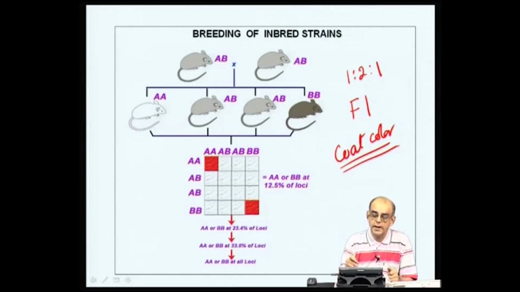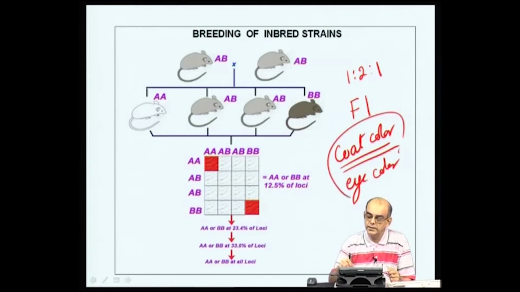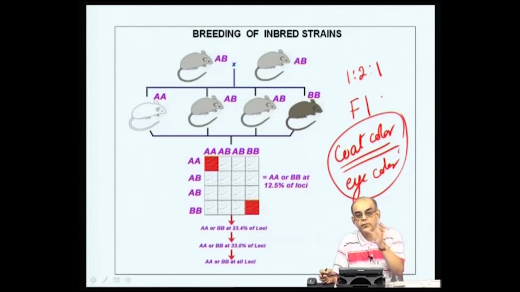So, you could look at how you bred white mice with albino mice and look at how this color segregated. Not only coat color, they were also monitoring the eye color. So, you had the eye color being determined by these various kinds of breeding, and therefore, these loci determining these phenotypic characters.